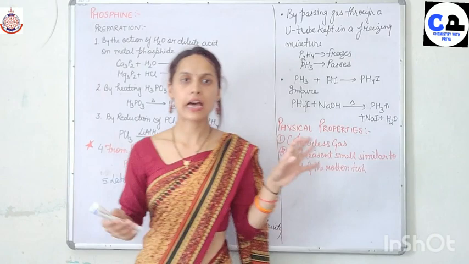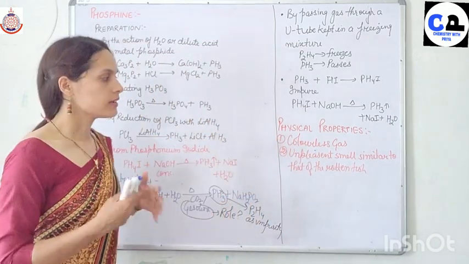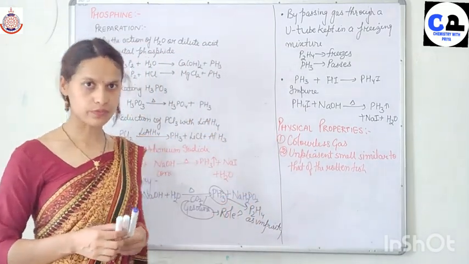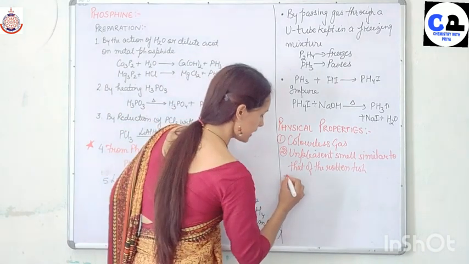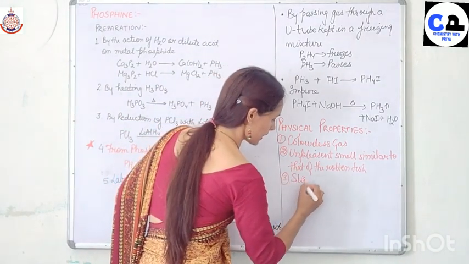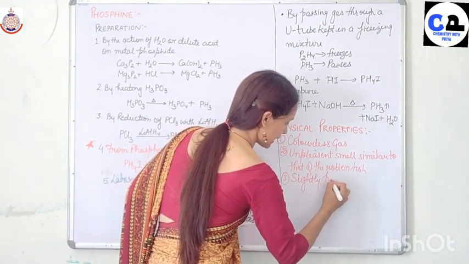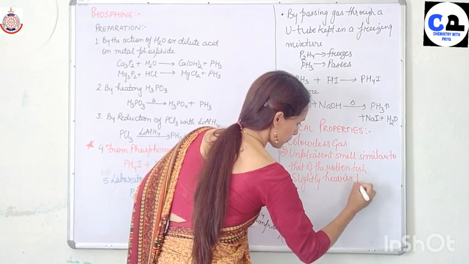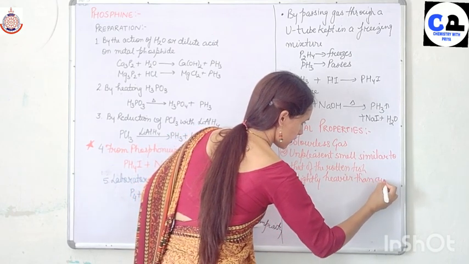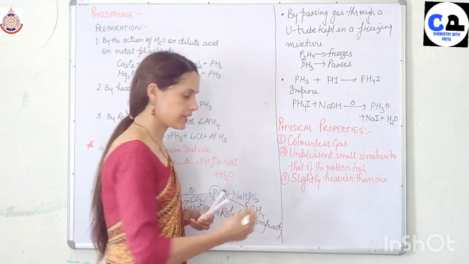Second, it has an unpleasant smell similar to that of rotten fish. Third property, it is slightly heavier than air, means it is slightly denser than air.